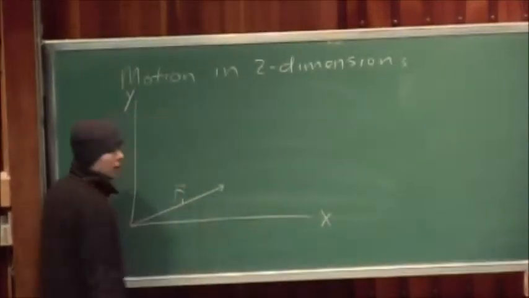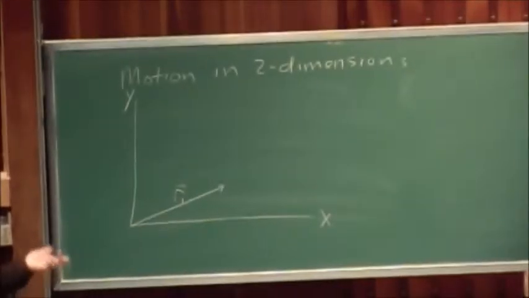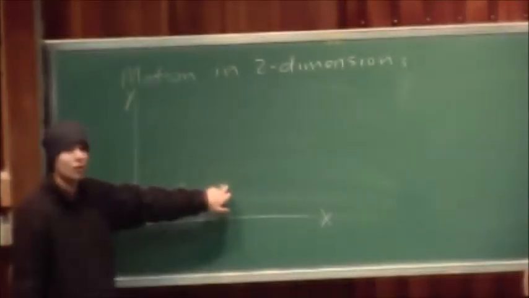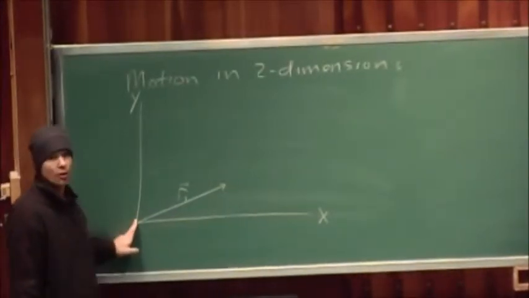R1. Now, what is R1? That is simply the vector associated with the displacement of whatever we're watching at this point relative to the origin.